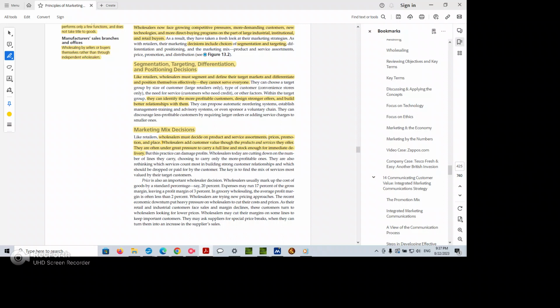Just like the manufacturer, they don't sell in small amounts, they sell in large amounts. Just like Costco. Costco sells in bulk, right? But Costco themselves is a wholesaler. See? So they skip the intermediary of the retailer. They sell directly to the consumer.